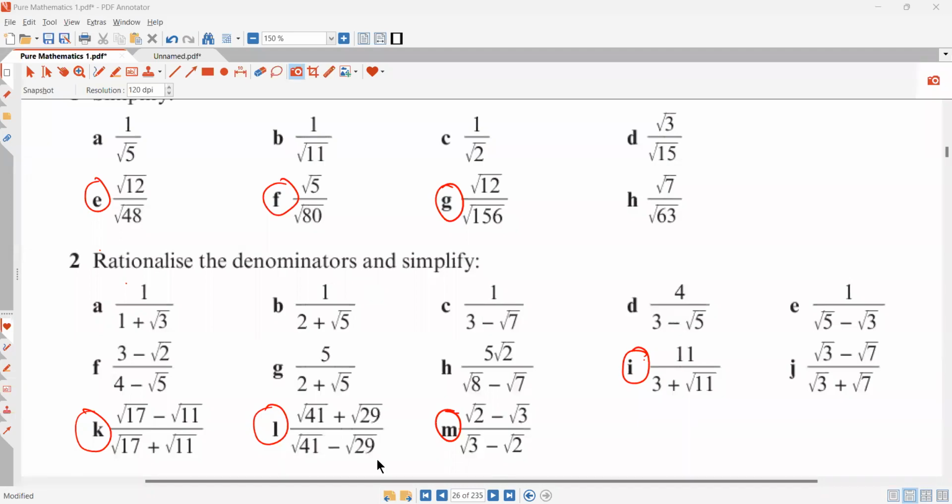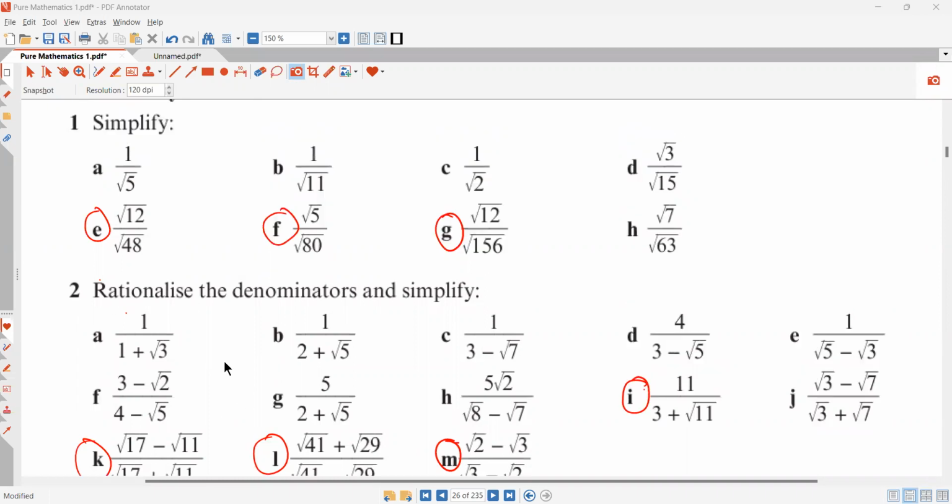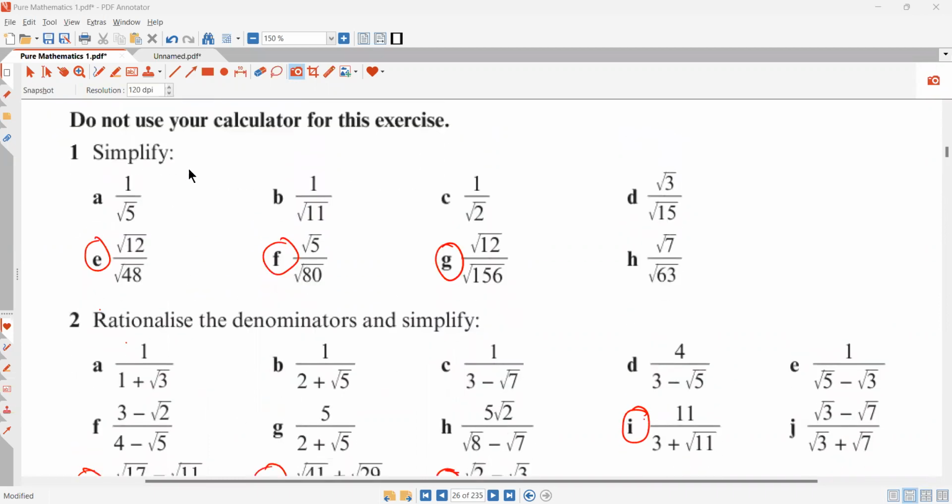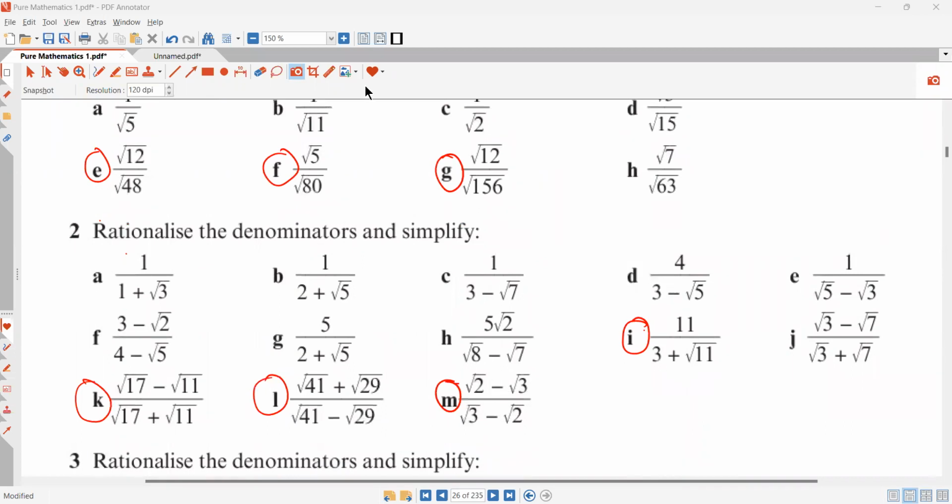So guys, I gave you these particular sums for practicing purposes, and some of you have flagged question number 2L, exercise 1F, as a doubt, so I'll be solving that right now.